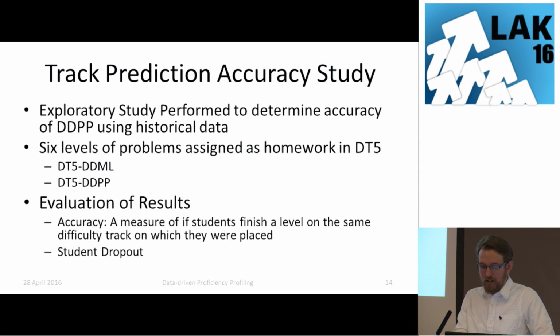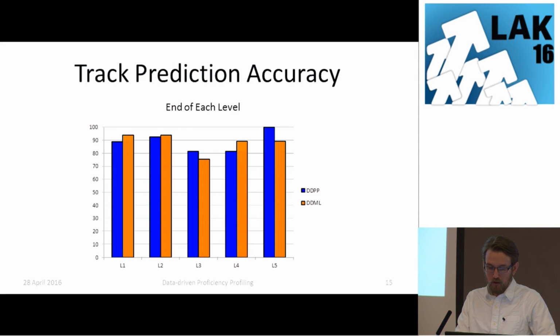And so the accuracy measure is going to be based on, did they change tracks? This is comparing the DDML, which is the previous system, and the DDPP, which is the new system. I think DDML is the orange, and then we have blue for DDPP.